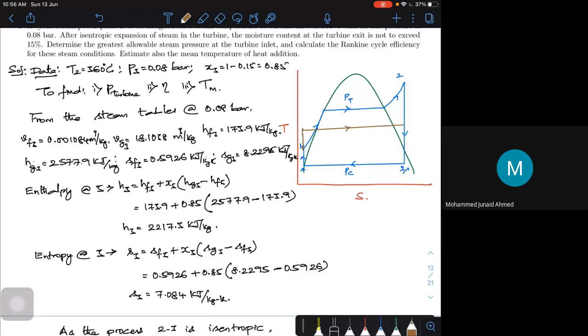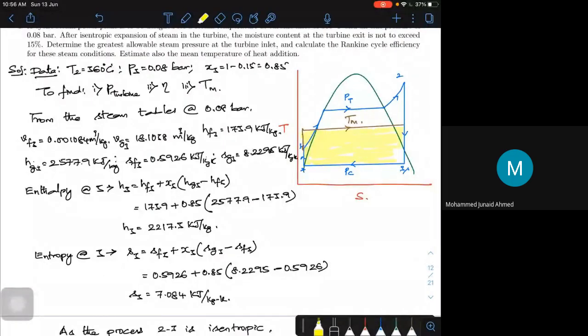So this is my mean temperature of heat addition. The area in yellow color will be equal to the area under the TS diagram of 1, 2, 3s, and from the same area, whatever temperature I get, that is your mean temperature.